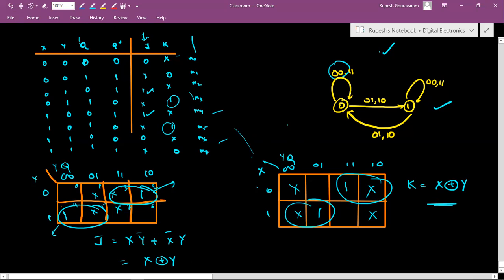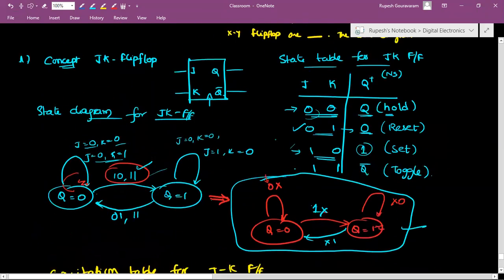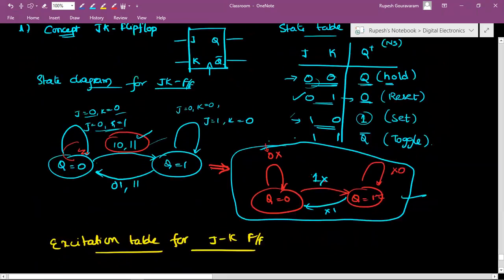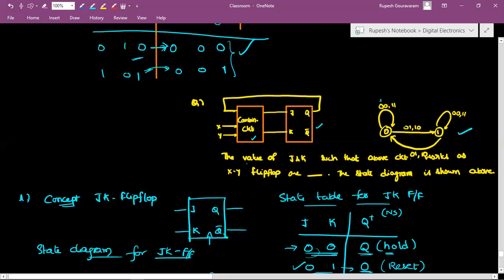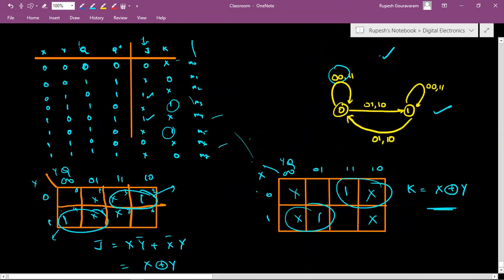So in the given question, what is the combinational circuit to be included here? This combinational circuit is nothing but an XOR gate. And since both outputs are the same, let us see how to draw the resultant circuit.